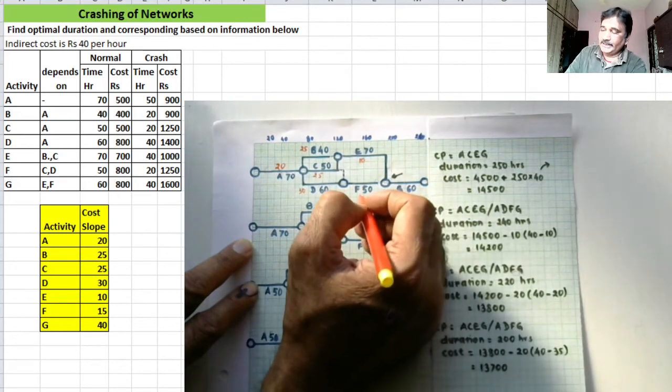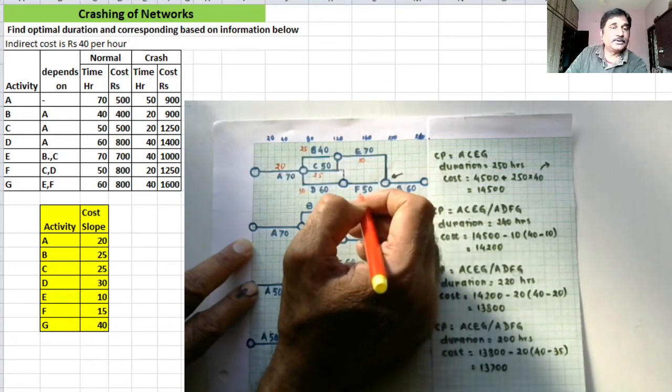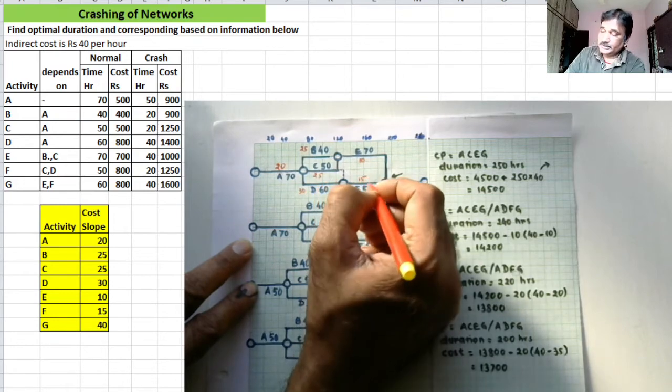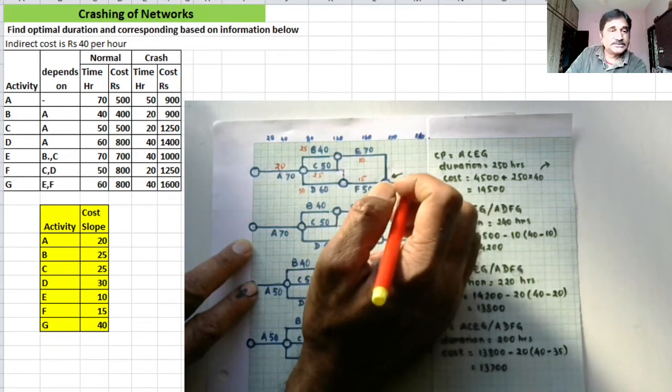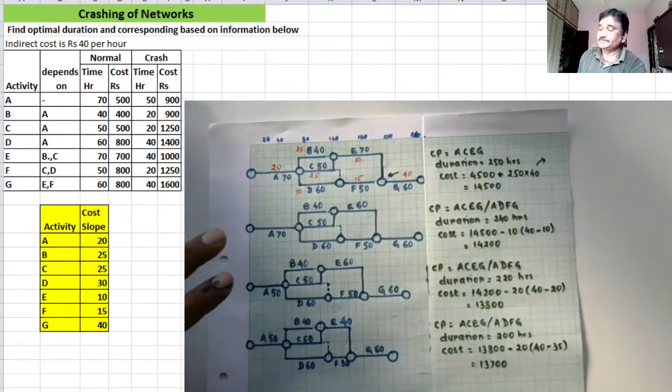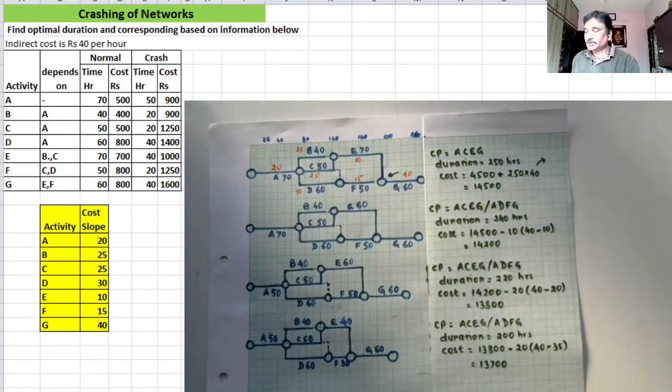And for F, it is 15, right? And for G, it is 40. So these figures which I have written in red are cost slopes, and we can consider them as the resistance exerted when that particular rod or activity is compressed.